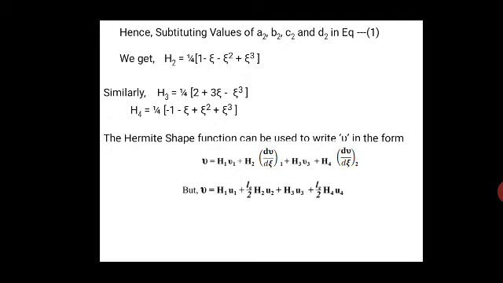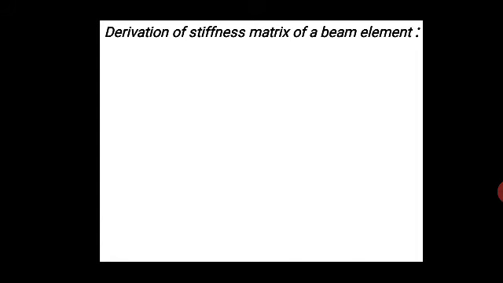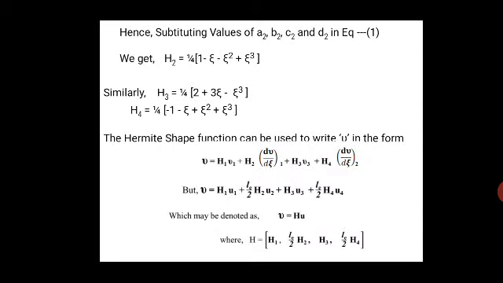That is, v is equal to h1 u1 plus le by 2 h2 u2 plus h3 u3 plus le by 2 h4 u4, or we can also write v is equal to h into u, where h is equal to h1, le by 2 h2, h3, le by 2 h4. This is the Hermite-Shape function derivation, and it is also an important derivation for the beam subject.